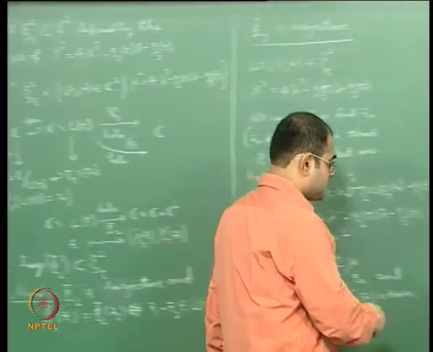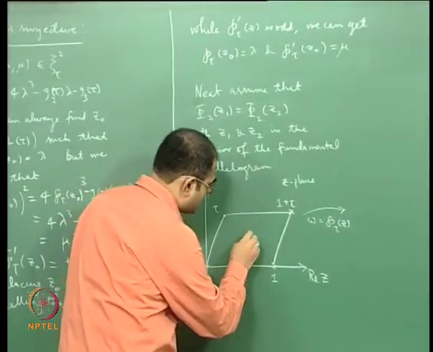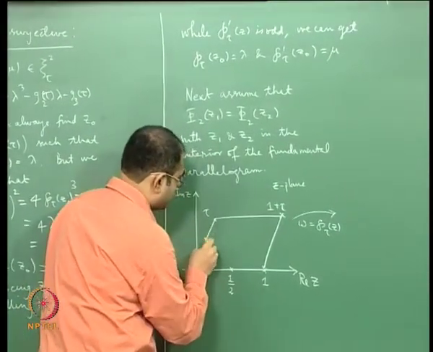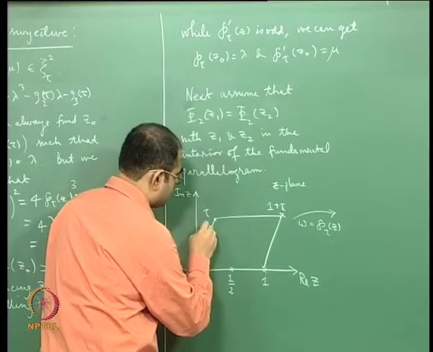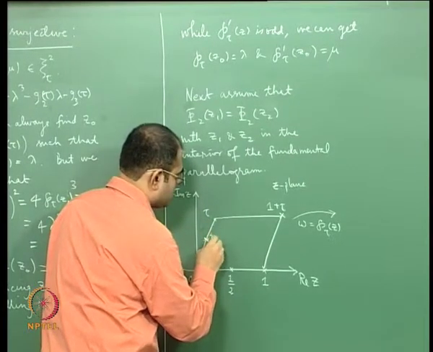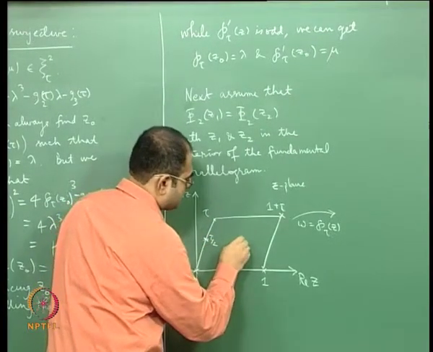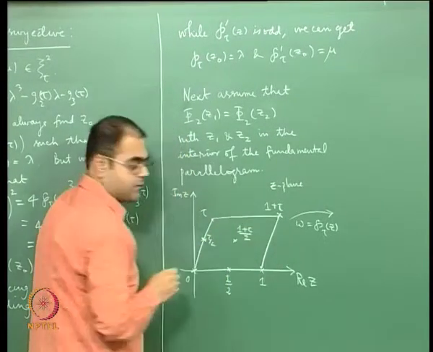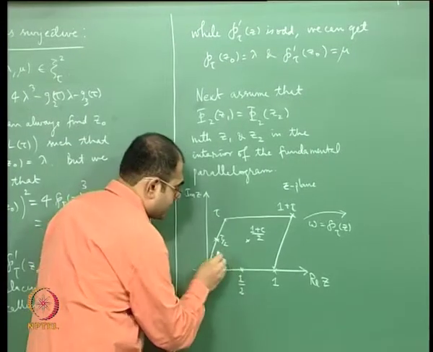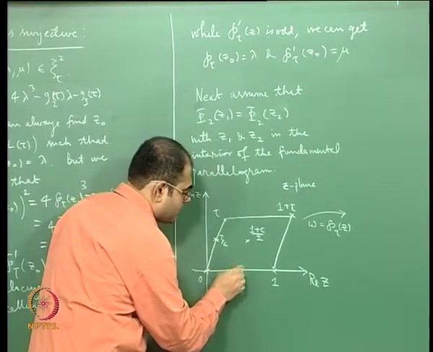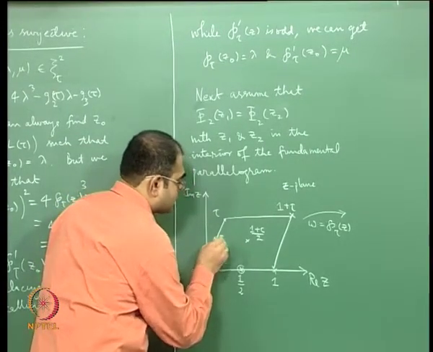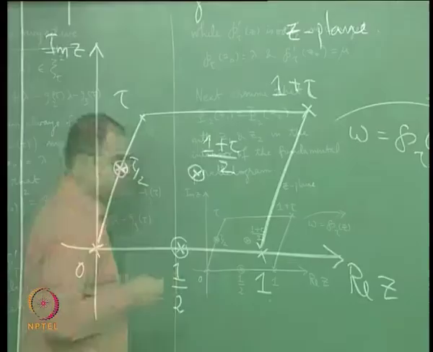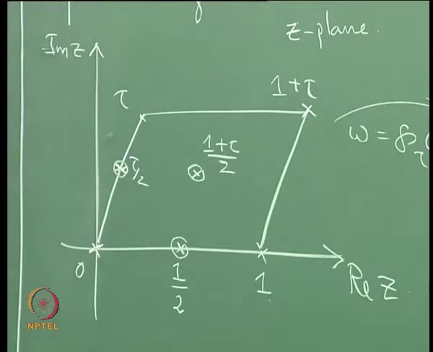So the zeros of phi prime are at 1 by 2, then there is a 0 at tau by 2, and then there is a 0 here, which is 1 plus tau by 2. These are the 3 zeros, and let me put a circle around these to tell you that these are zeros.